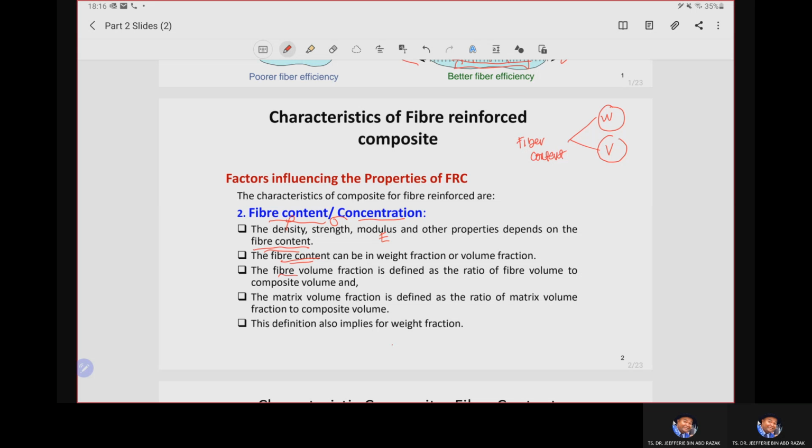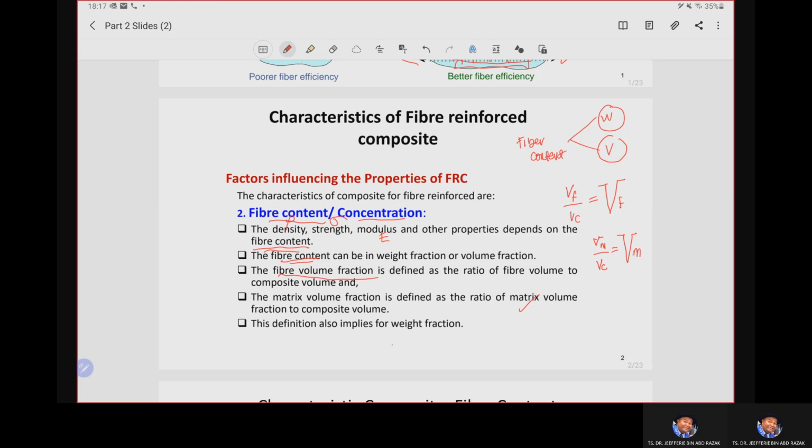The fiber volume fraction is basically defined as the ratio of fiber volume to the overall composite volume. So we can have the capital Vf here denoted as the fiber volume fraction, while the matrix volume fraction is defined as the ratio of the volume of matrix divided by the volume of composite, equals the volume fraction of matrix.